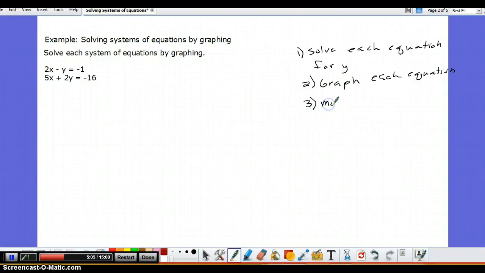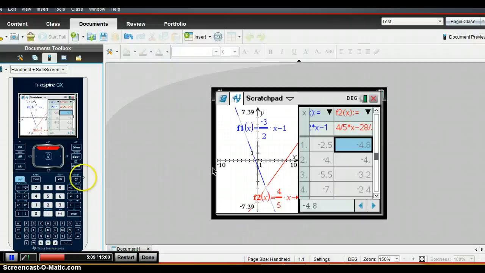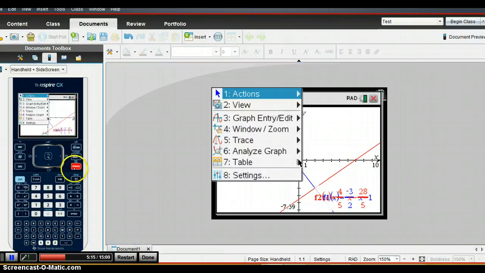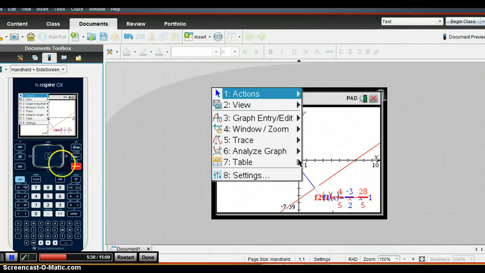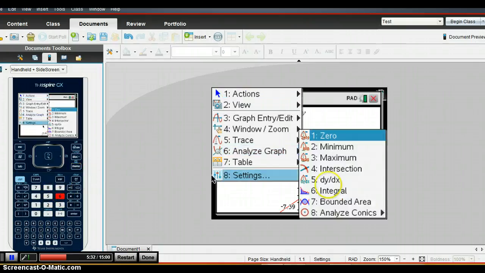So we press menu. We want 6, analyze graph. We'll go over this more, but I need to see it.